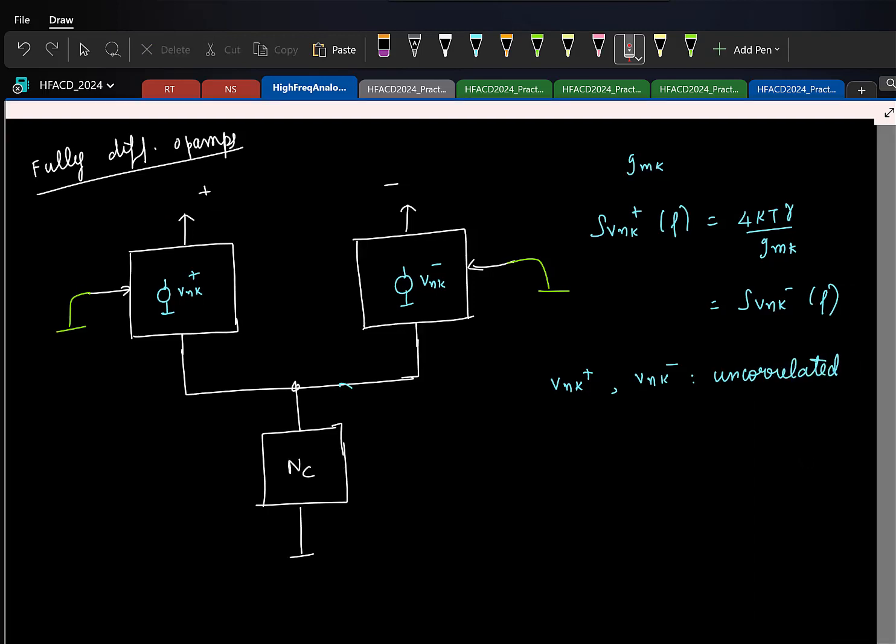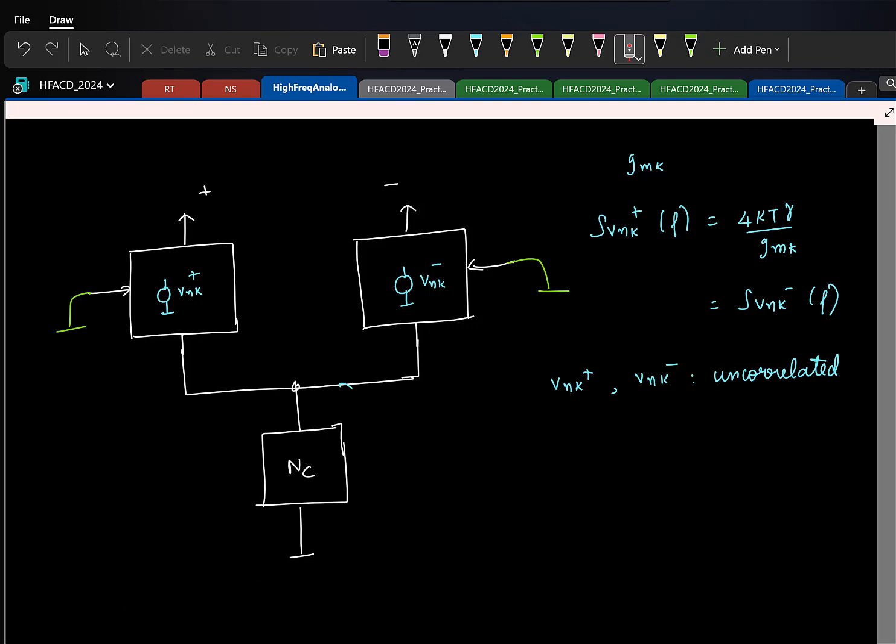So let me copy this. Now I have a differential circuit like this, a fully differential circuit. I have two different inputs. I'm interested to find the output. How do you think I can go about solving this? Yeah, superposition can be used for any linear network. But here, besides linearity, this is also a symmetric network.